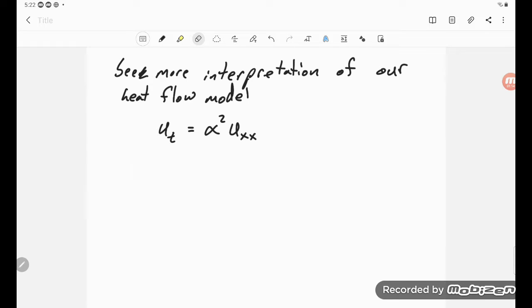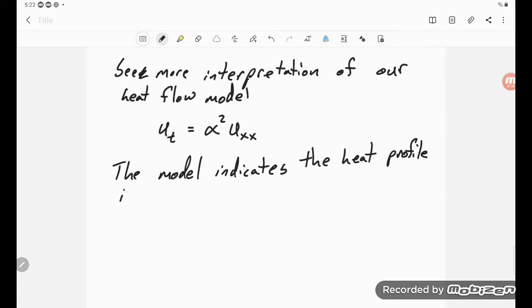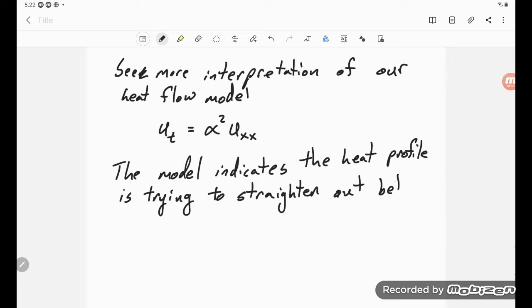So I write the model indicates the heat profile is trying, as if it knew what it was doing, trying to straighten out between the temperatures at the two ends.